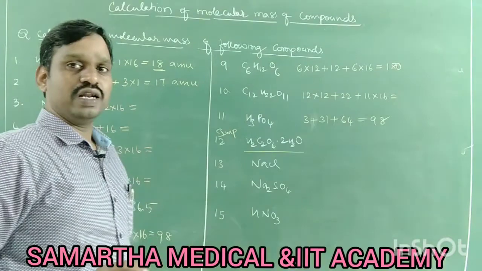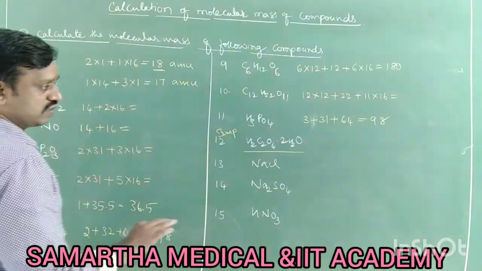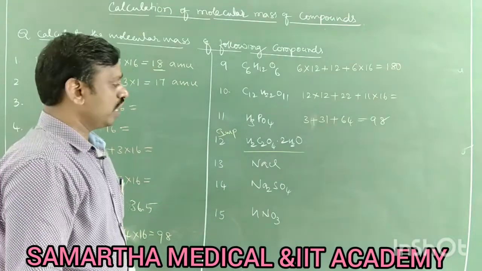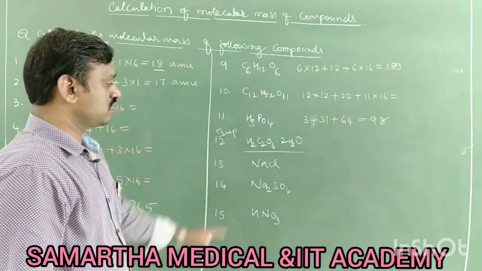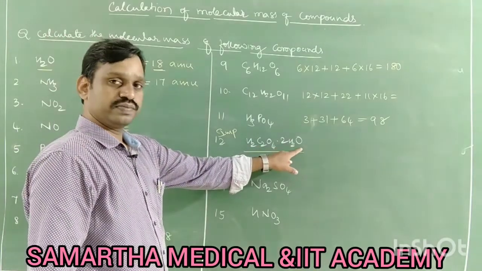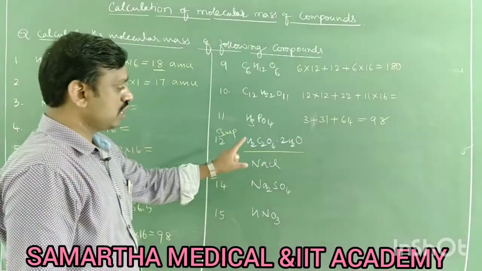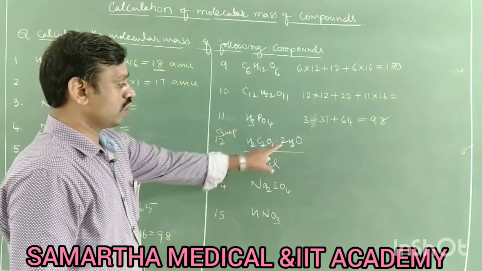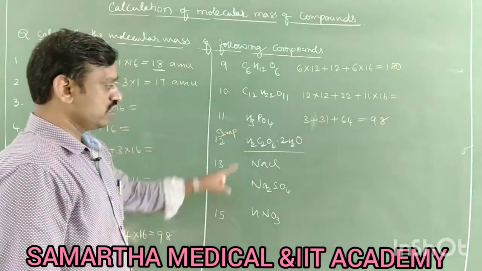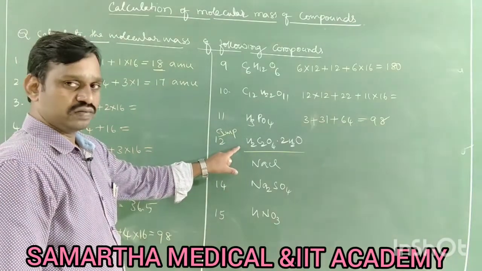Next, listen carefully, this is important and it is a different one. How to calculate the molecular mass of a hydrated compound? The meaning of hydrated compound is that this compound is associated with 2 water molecules, combined with 2 water molecules. So therefore this is a hydrated acid.